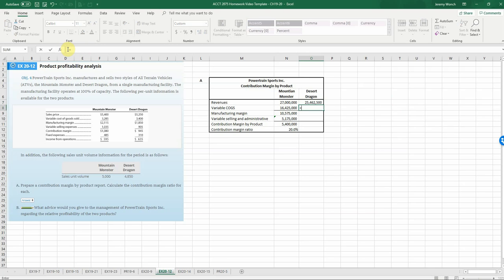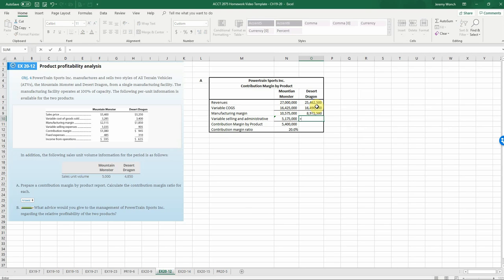And a variable cost, so 4,850 times 3,400. That's going to give us a manufacturing margin of 8.9 million.